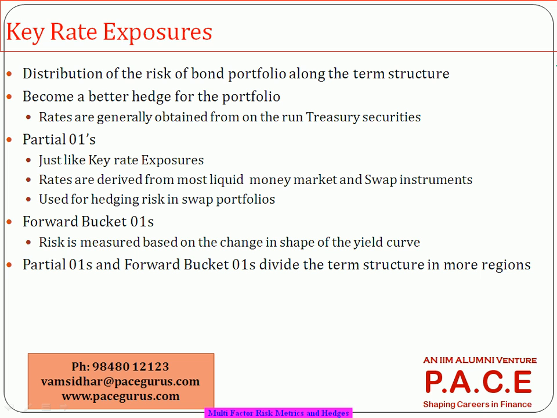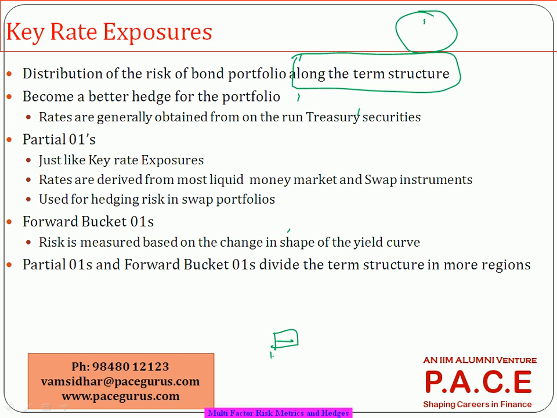When we are talking about the key rate exposure, all we are talking of is that along the term structure, we will find out the risks, not as a combo for all the maturities. Duration was actually doing a combo for the entire maturity, whereas in this approach, along the term structure, we'll identify the risk.